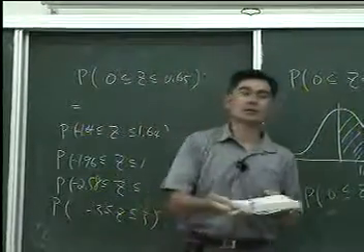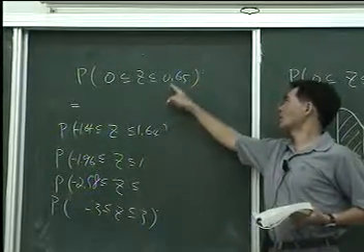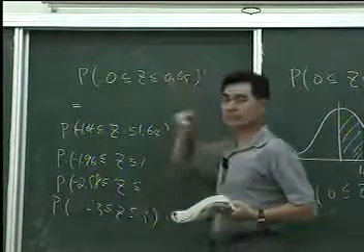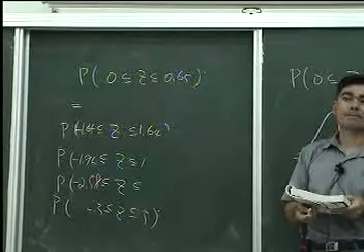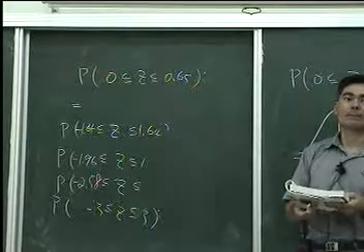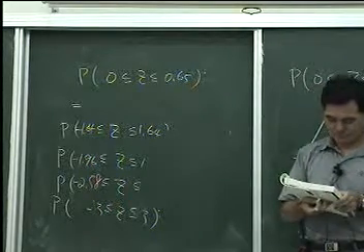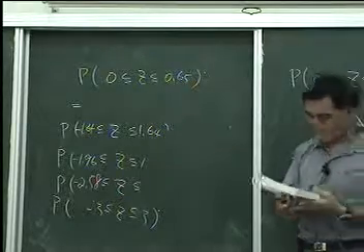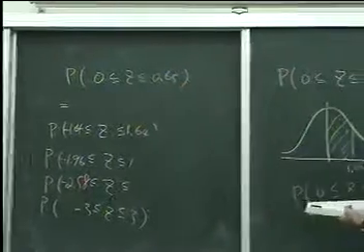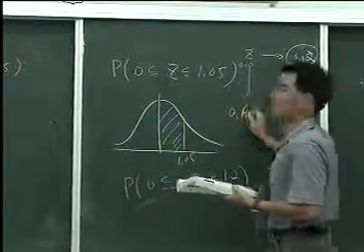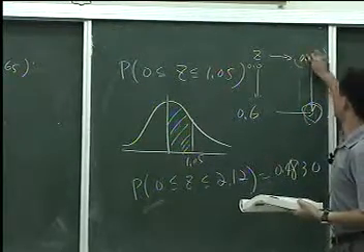We want to find this probability between 0 and 0.65. Because in this case, you look at 0.6, and then here you look at 0.05.